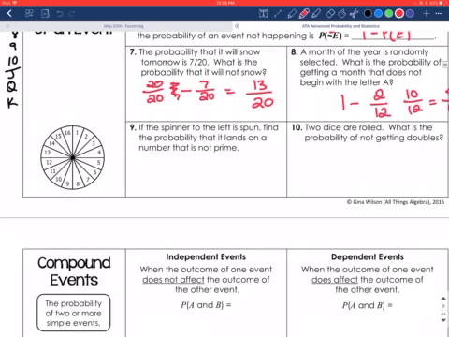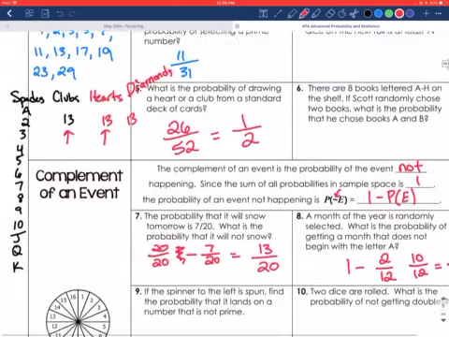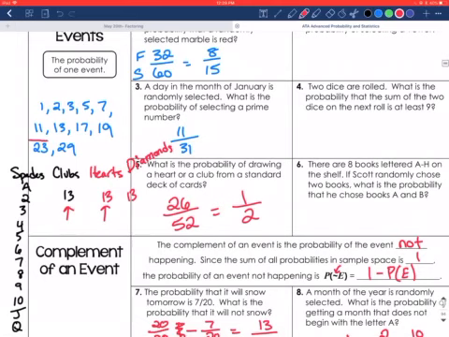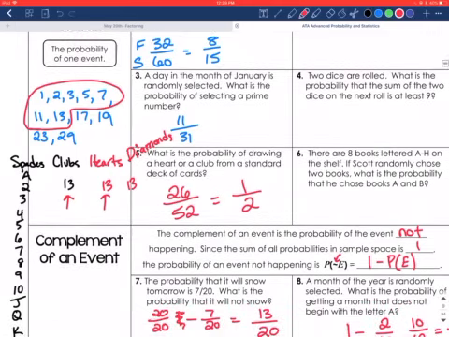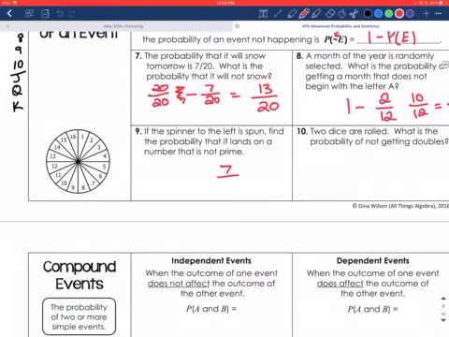It happens. So if the spinner to the left, which has 16 spaces, is spun, find the probability that it lands on a number that is not prime. Okay, so we listed our prime numbers earlier. So these will be the ones below 16 that we would see on there. So that will be 7 of them that are prime out of 16.